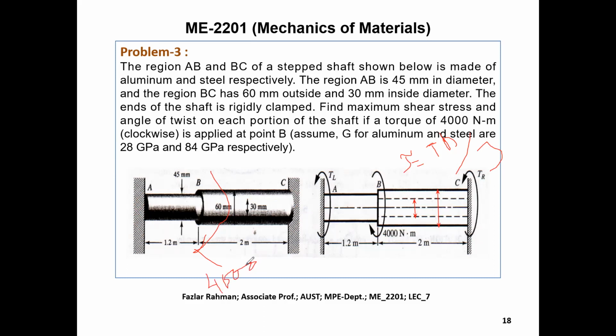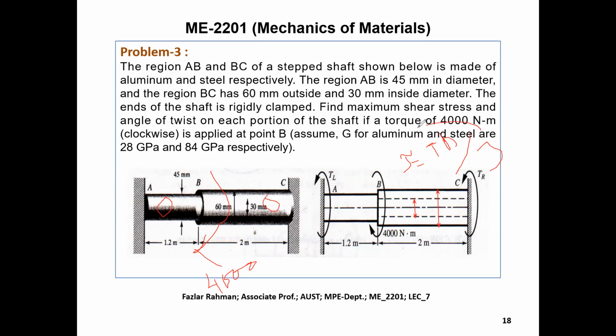because we are not sure this 4,000 torque will be carried by both shafts. We need to figure out how much will be the torque in portion AB and how much in portion BC. But the total torque carried by AB plus that carried by BC, if you sum these two, will be equal to 4,000 Newton meter.